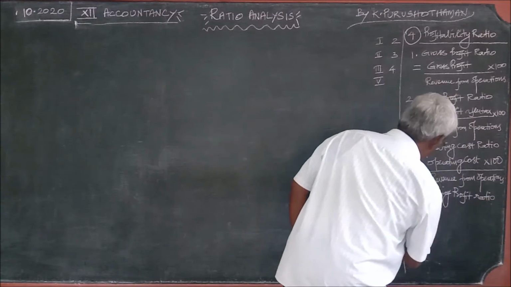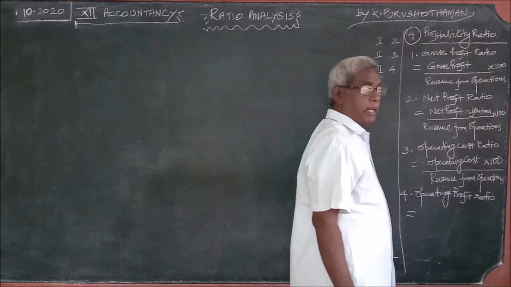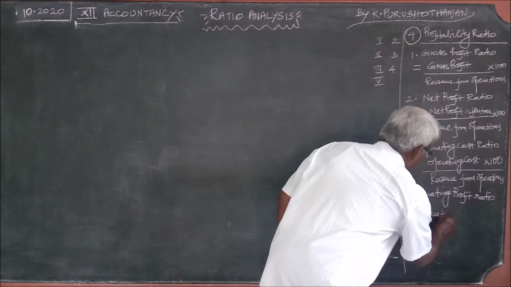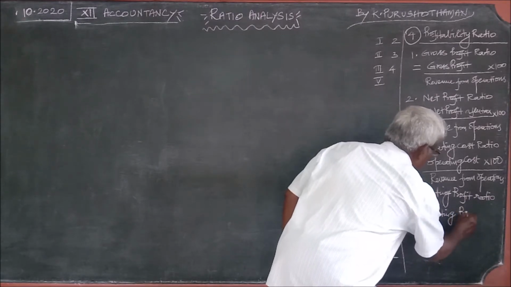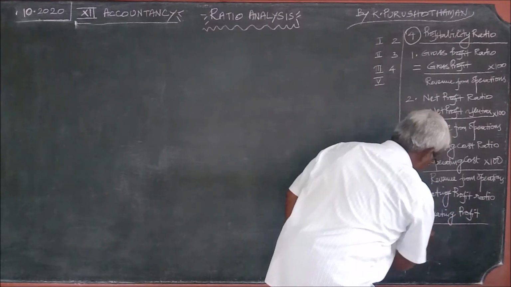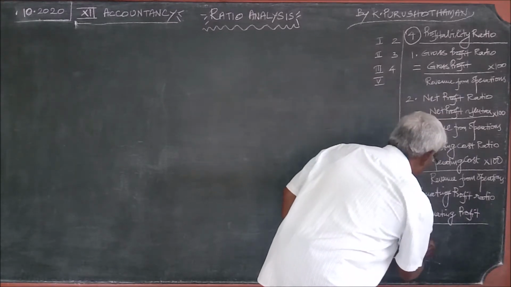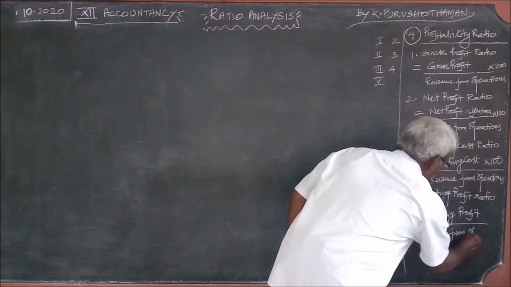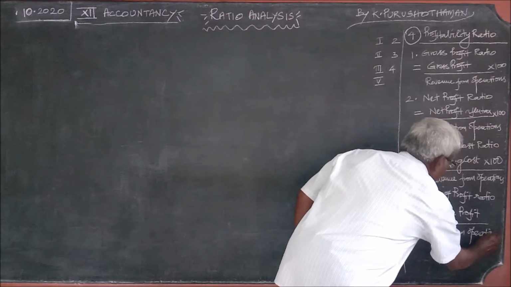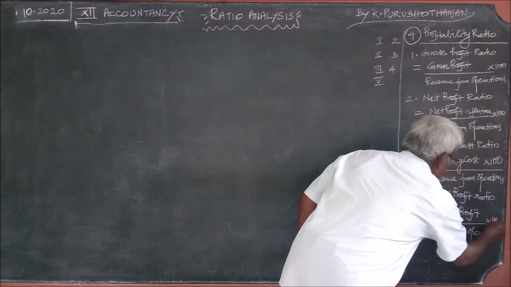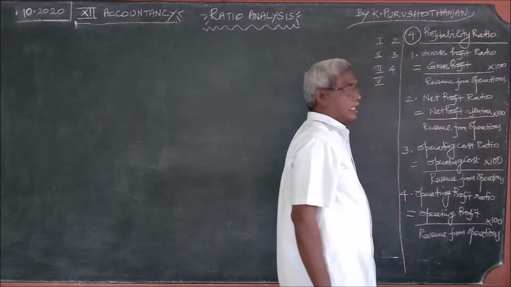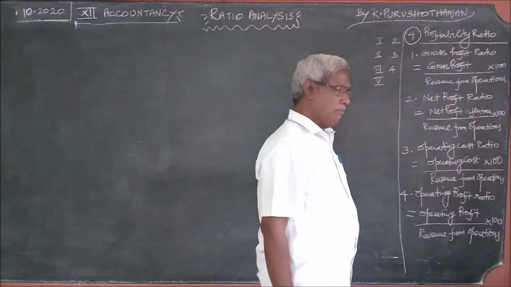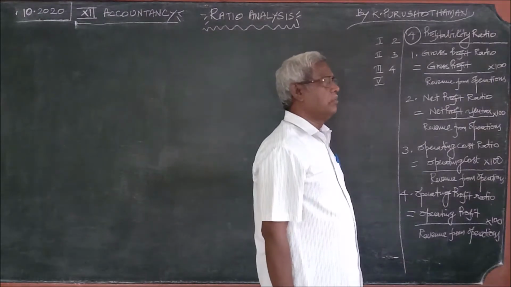Operating profit ratio is equal to operating profit divided by revenue from operations, into 100 as usual, because it is a profitability ratio in which we should write the answer in terms of percentage.